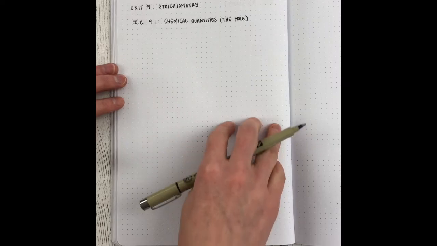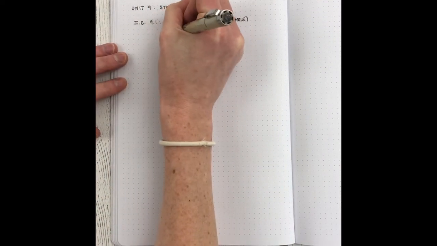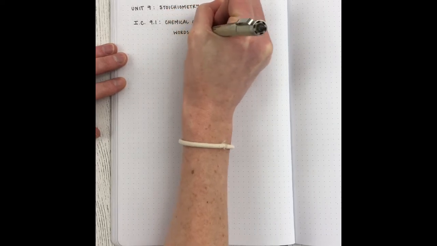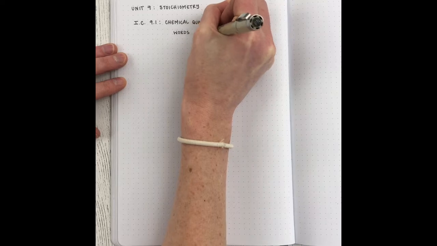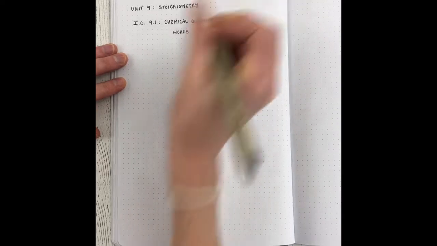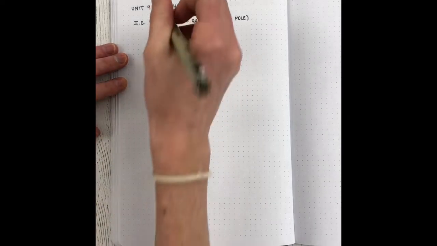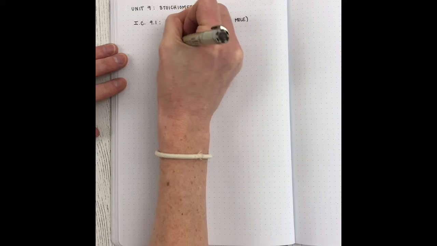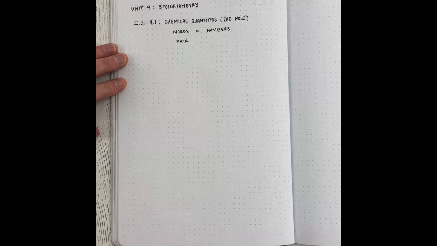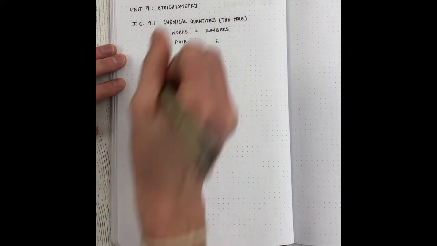So in the English language, we have many words that are used to represent numbers, words that equal numbers. For example, if I said the word pair, not P-E-A-R, but P-A-I-R, you would think of the number 2, like pairs of socks or pair of shoes.